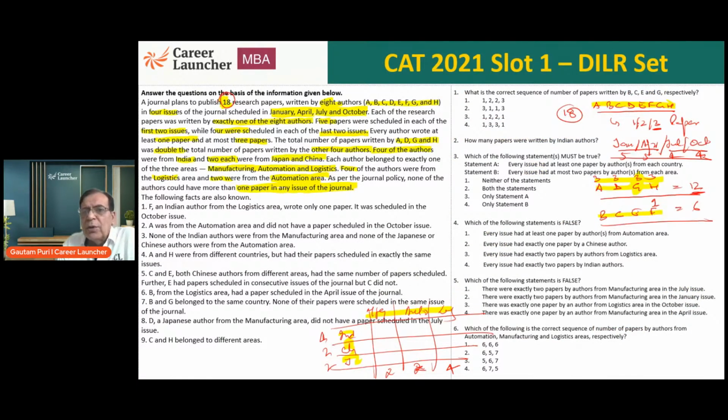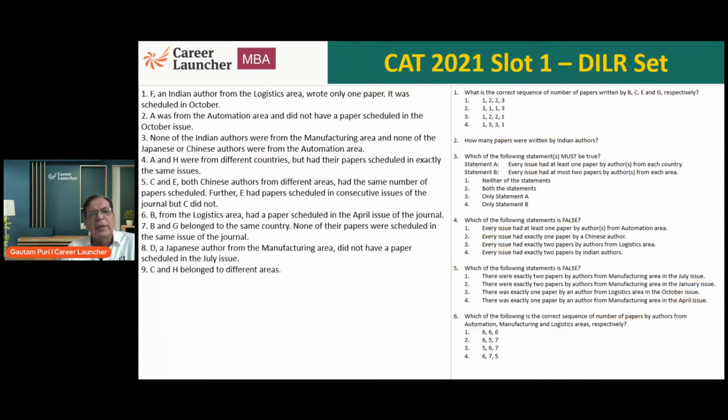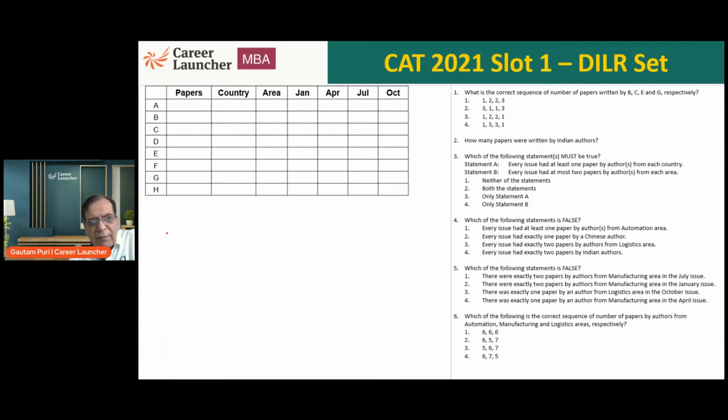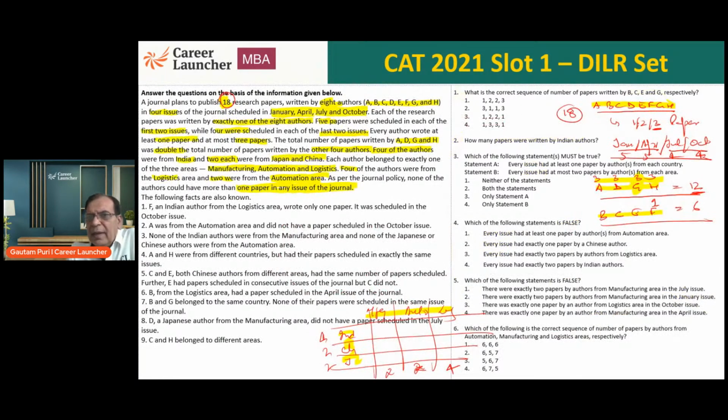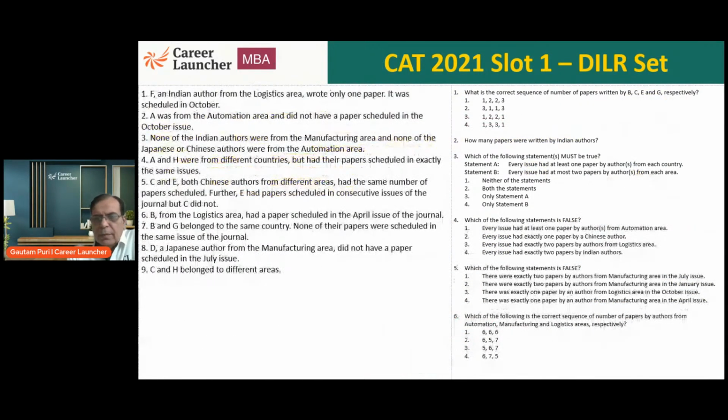We know that the 4 authors A, D, G, H have written 12 papers in total. Whatever we have already found out, let me write down here. A, D, G, H have written 12 papers total, so this is 3, 3, 3, 3. Second thing we know is B, C, E, F have written 6 papers.